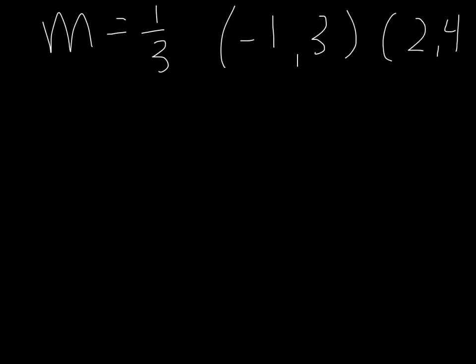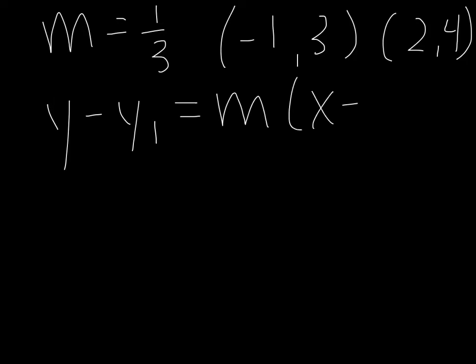Now that we have m equals 1/3, we can take our points, (-1, 3) and (2, 4), and use either one, plug it in to the point-slope formula we learned just now. y minus y sub 1 equals m times x minus x sub 1. Choose either point.